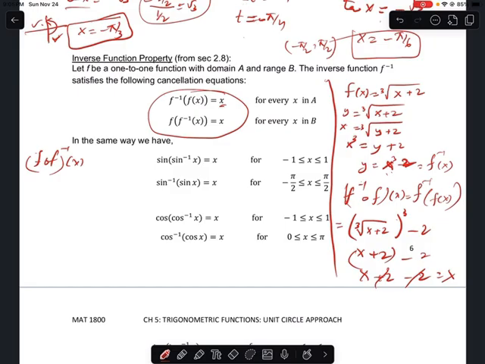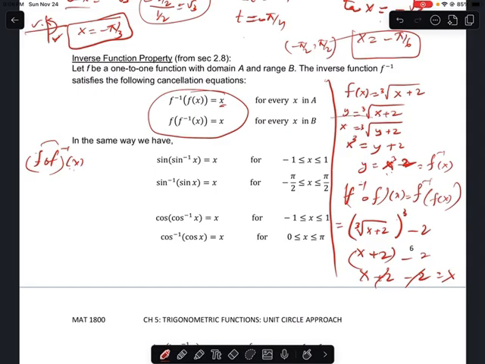Now let's try to find what we get if I do f inverse composed with f of x. This will be f inverse of f of x, which means in the f inverse function I will place my f of x function.